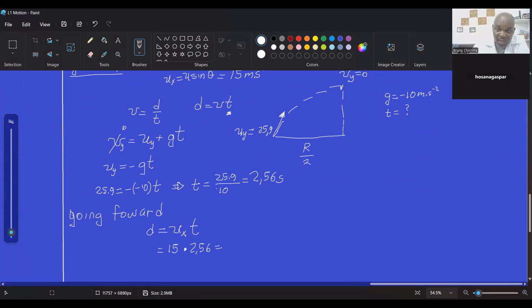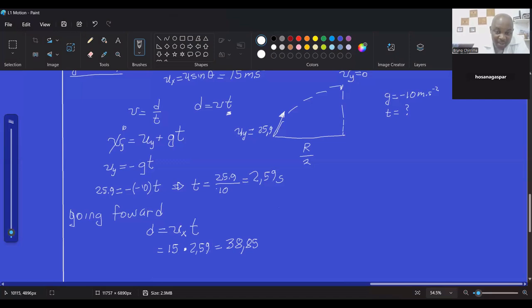So let me just correct that. I'm carrying an error. It's 2.59, which is basically 2.6. So we multiply 15 by 2.59. It gives us 38.85. Now, this is the first half of the journey in the horizontal aspect.